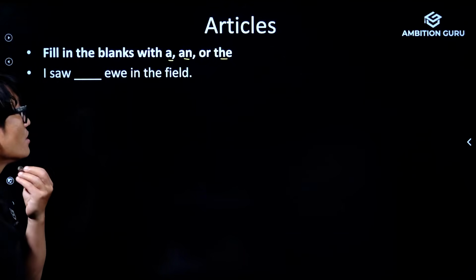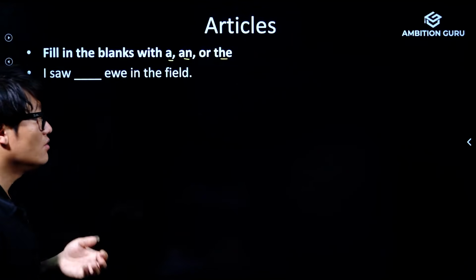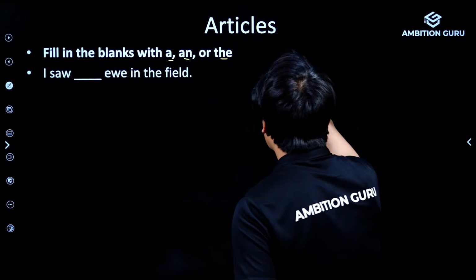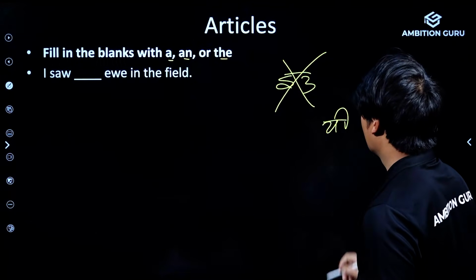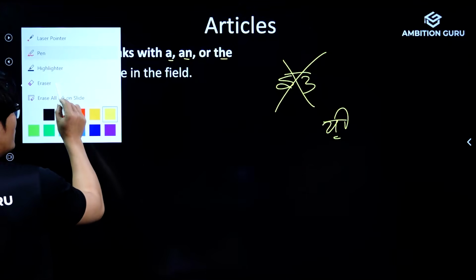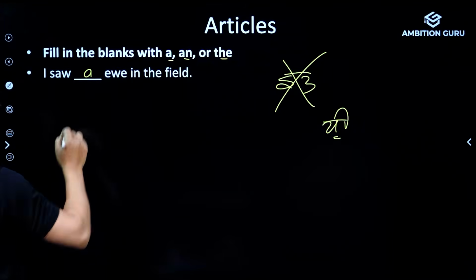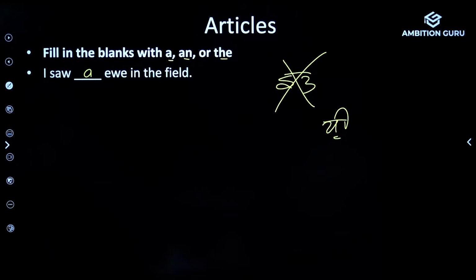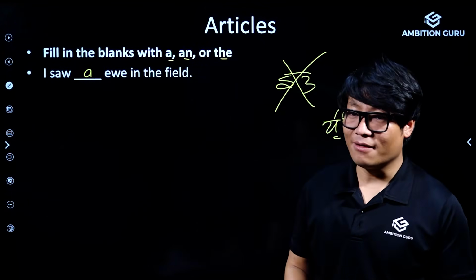Like yoo, this yoo sound is not from this letter. This is a consonant sound. And absolutely you are right. So here should be a: a ewe. I saw a ewe in the field, and obviously we know that a ewe is a baby sheep.